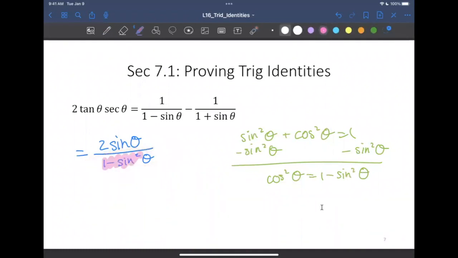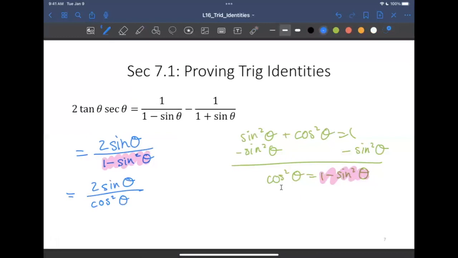So this thing equals this thing. So I can simply substitute in cosine squared theta. That gives 2 sine theta over cosine squared theta.